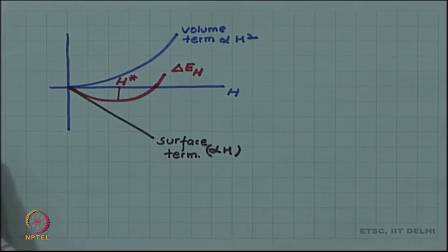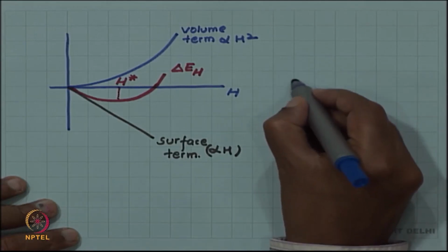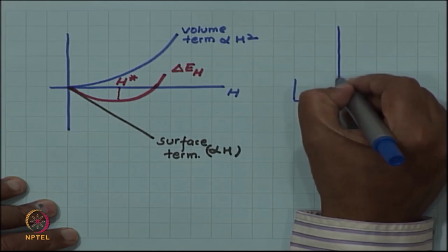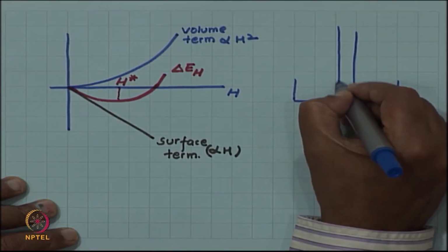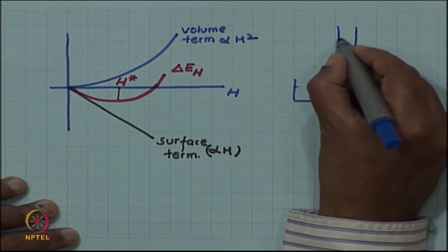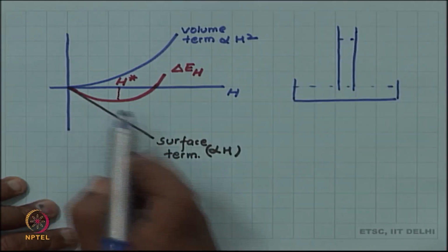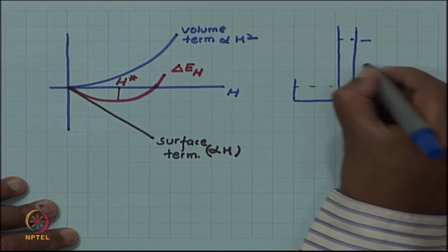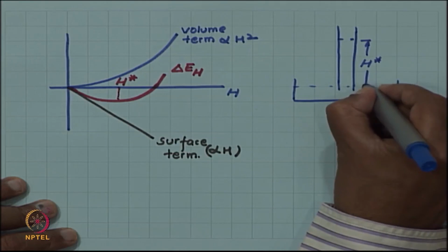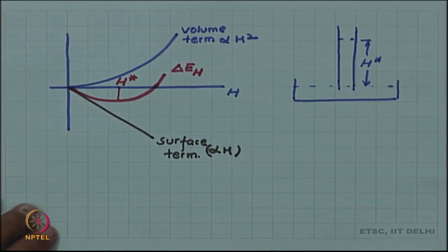So, as the liquid column rises in the tube, the energy initially decreases, but then it reaches an equilibrium height, and that will be the equilibrium height.